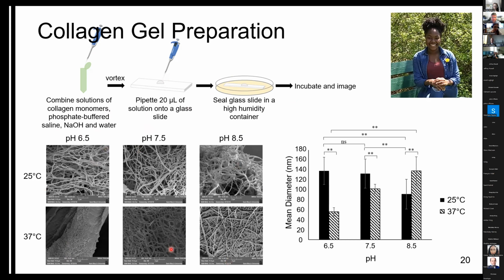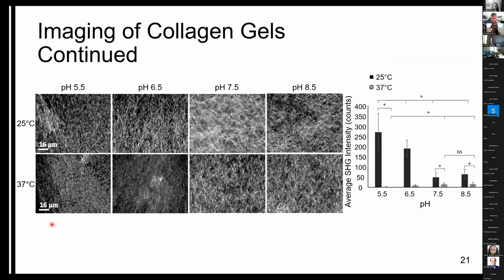And so what you can see below are representative SEM images of the collagen hydrogels. And as you can observe, the gel microstructure and collagen fiber morphology varied quite widely depending on the polymerization pH as well as the temperature. Ariana imaged the collagen hydrogels using SHG microscopy.